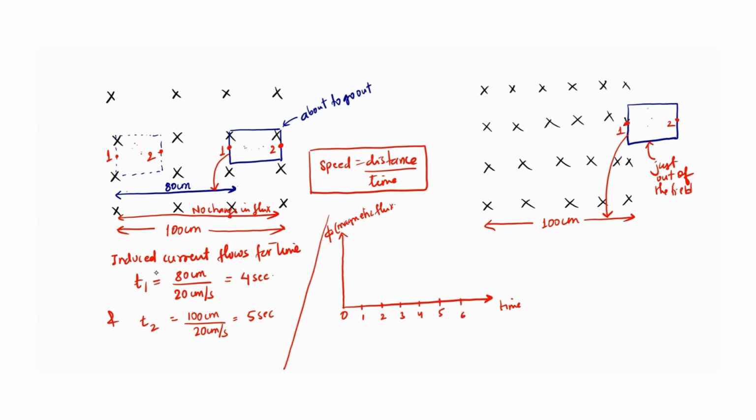So there is induced current for the time 4 to 5 seconds only. Clear? It means that there is change in flux for time 4 to 5 seconds only. So we need to understand this. So let's say we have this.